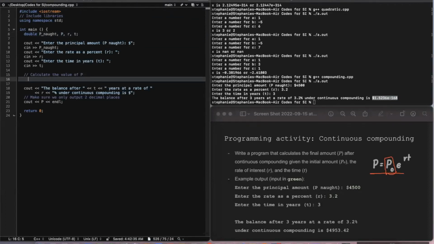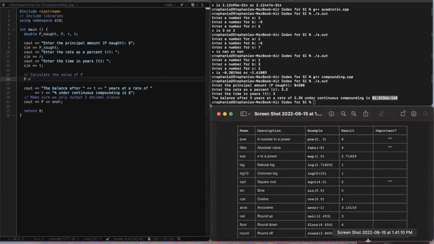So I will put P here, which is assigned with, and then we are going to execute this formula. E is one of the functions that I have not told you about yet, and these are available in CMath as well. You just don't use them as frequently.